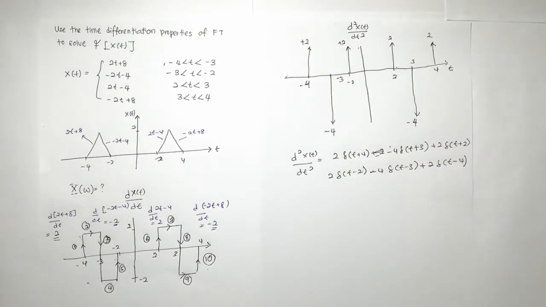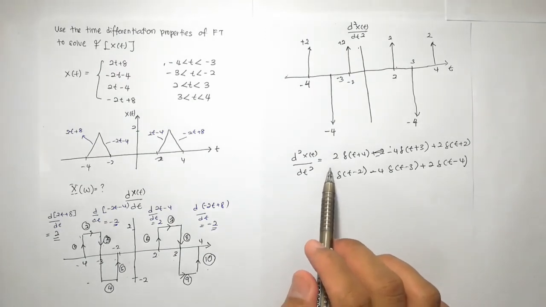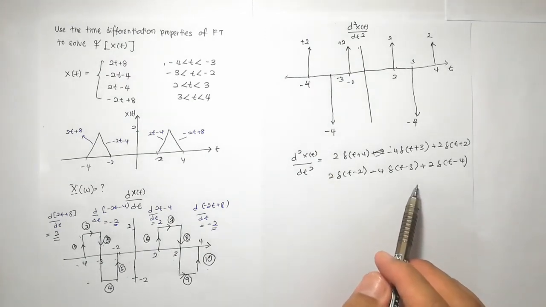So this is our d squared x(t) over dt squared.